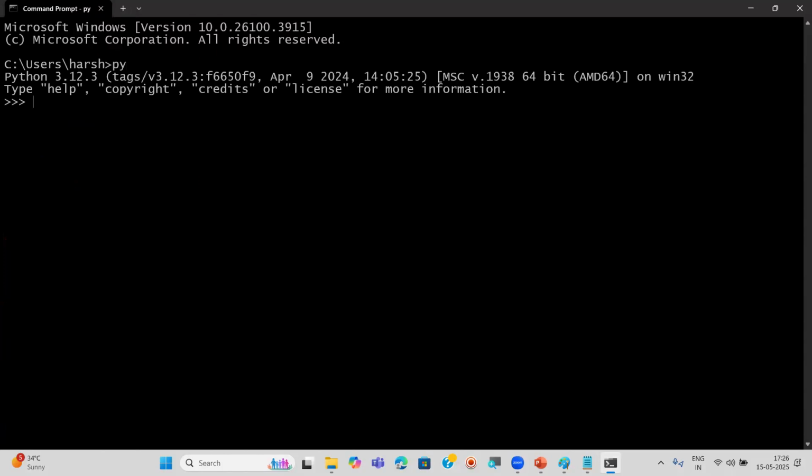And this is called what mode? Interactive mode. The Python shell is called interactive mode, as I said already. Now let's show the first five data types practically.